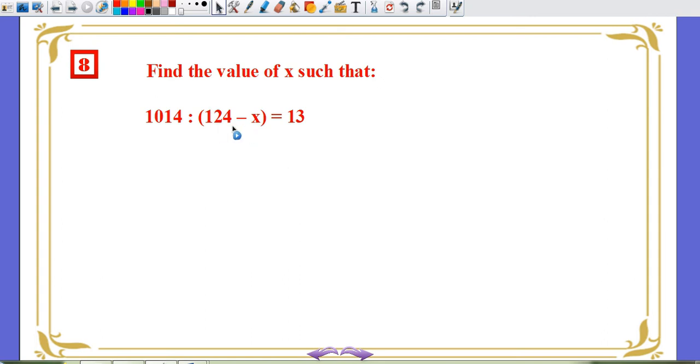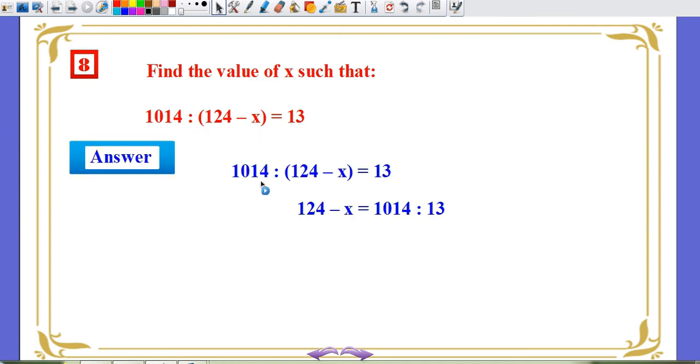First, we find the expression containing x in the parentheses, which means we find the divisor. We divide 1014 by the quotient 13, and we get 78. So 124 minus x is 78.